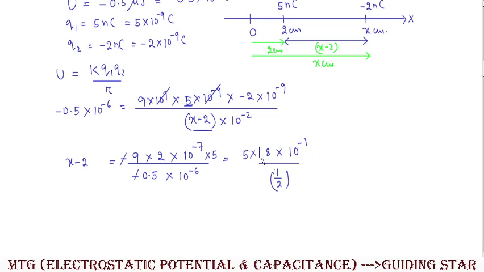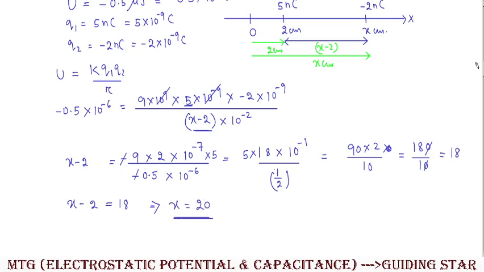So finally, here it is 90, divided by 10, so x minus 2 is 18, that implies the value of x will be 20.